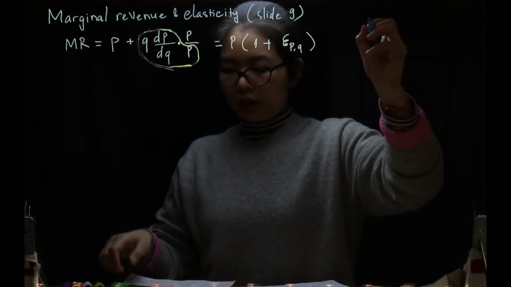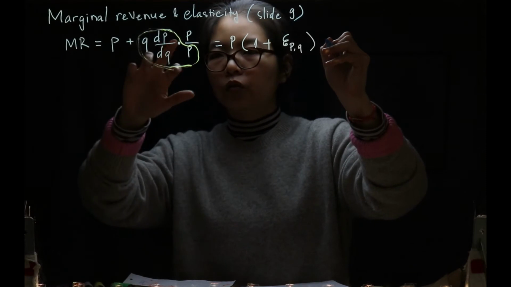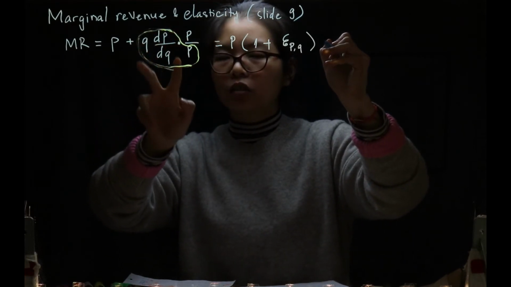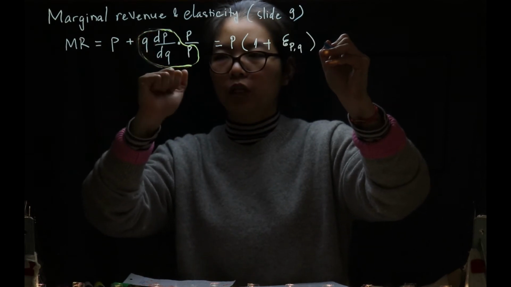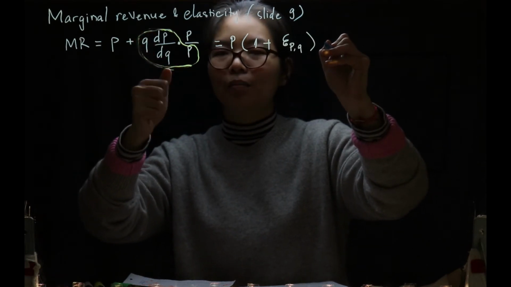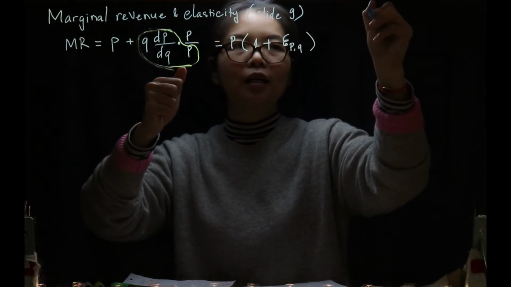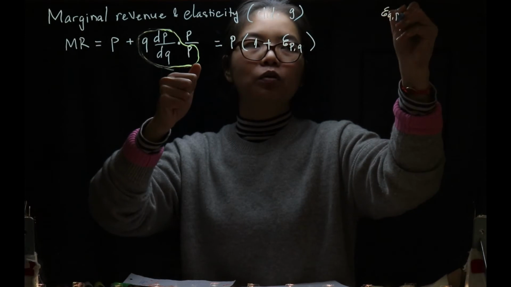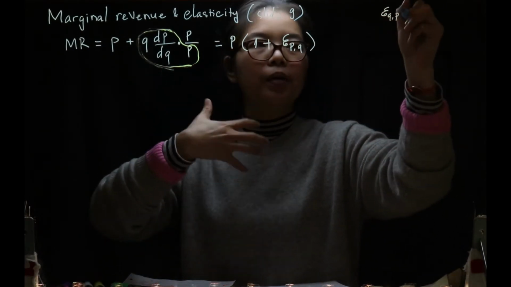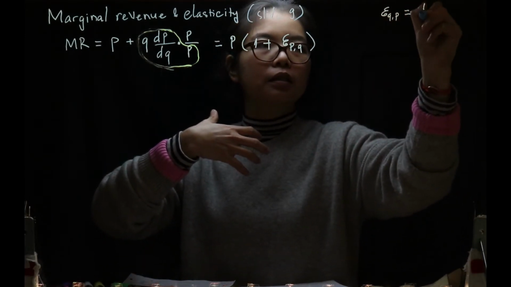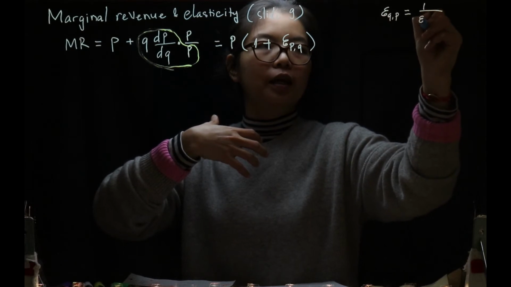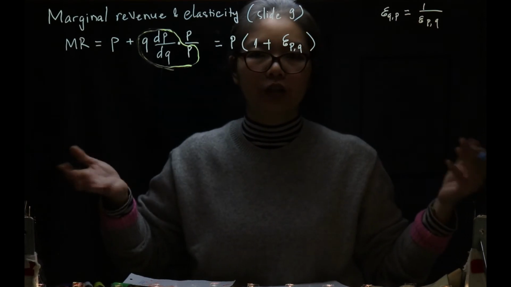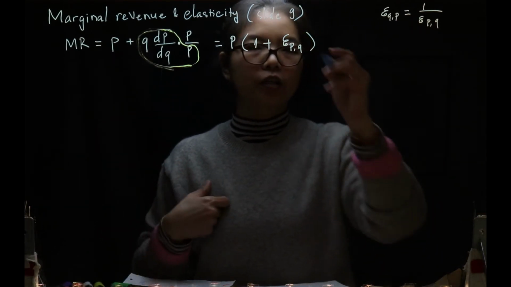And one thing we should know is also, if you flip the numerator and the denominator of this term for each other, you get the elasticity of demand. So the E of Q with respect to P, and that means it is the inverse of the elasticity of P with respect to Q. So they are inverses of one another.